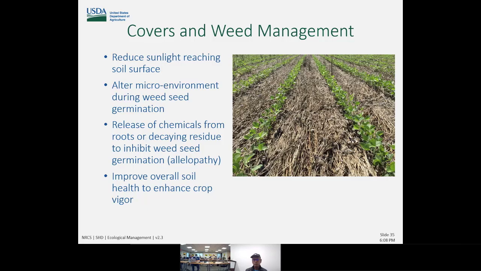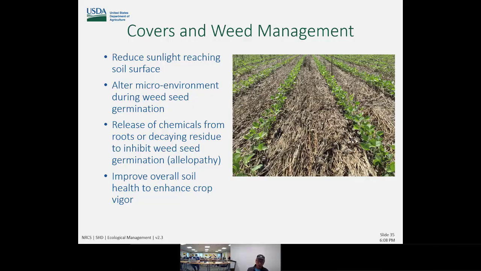So weed management is an issue, and it is hard to control weeds. So there are different ways to control it, and one of them is to put down mulch or cover crops.